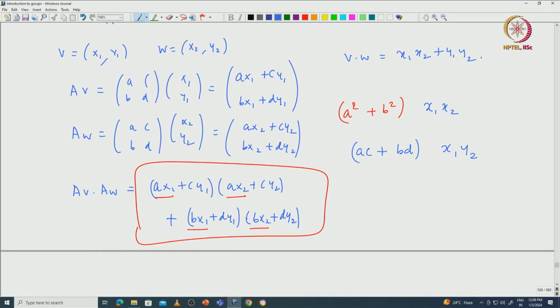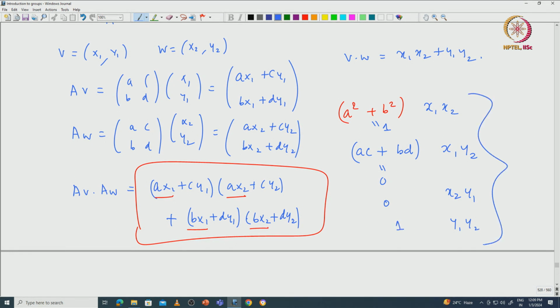Similarly, if you take the other terms also you will get that. But this matrix capital A is an orthogonal matrix, which tells you that this term is 1 and this term is 0. Similarly, for x2 y1 the term is 0, and for y1 y2 the term is 1. I will leave it to you to verify.